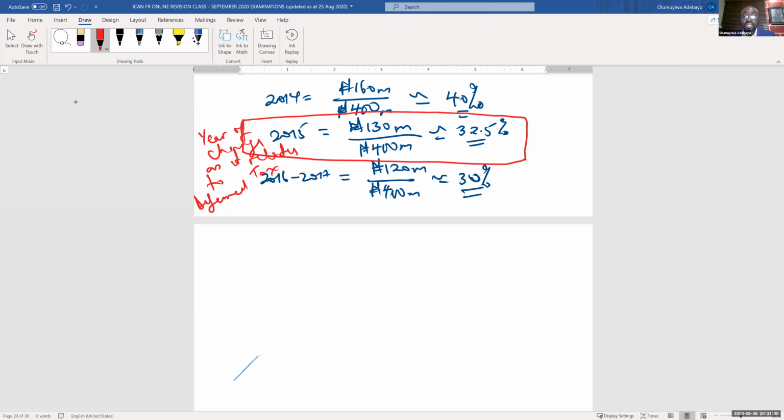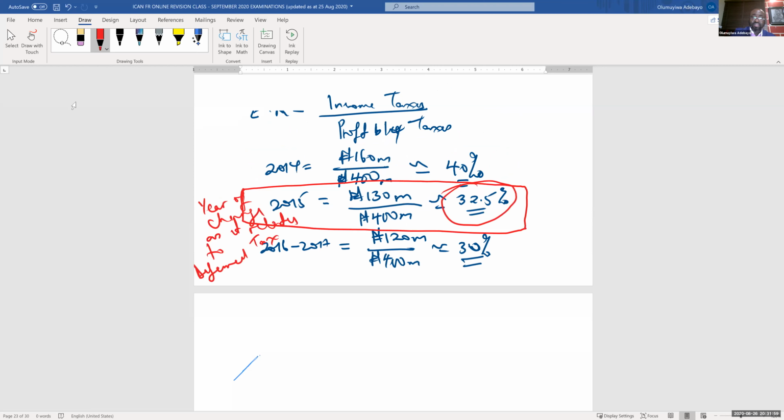But 2015 is what adjusts for the movement from 40% to 30%, based on the requirements of the methodology adopted, which is the liability method. And take note, the only method permitted by IAS 12 is the liability method.